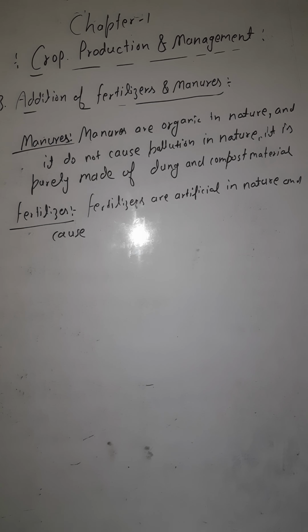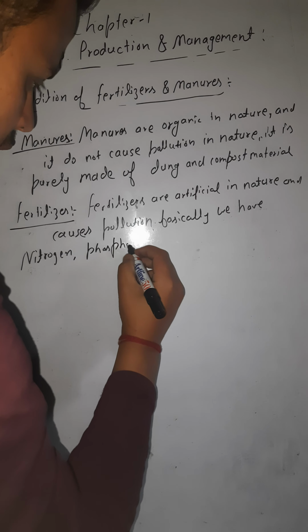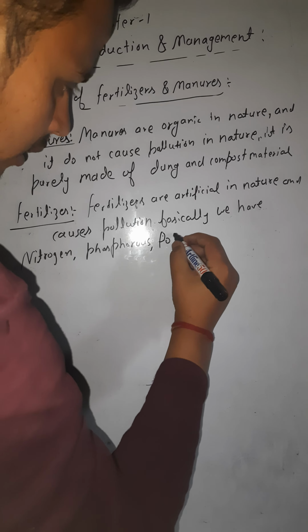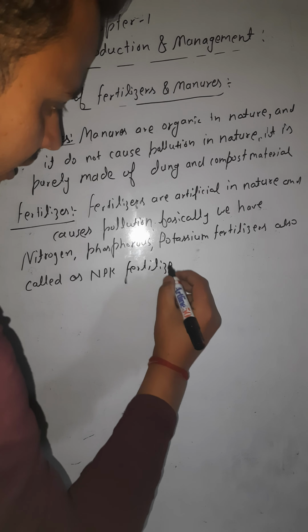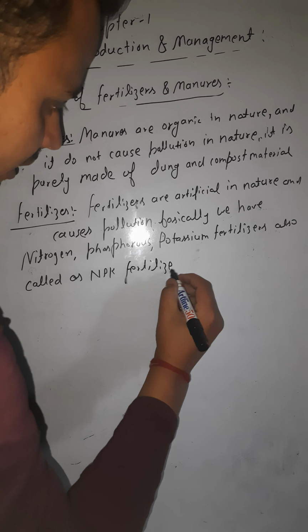Basically we have three types of fertilizers: nitrogen fertilizers, phosphorus fertilizers, and potassium fertilizers, what we usually call NPK fertilizers.